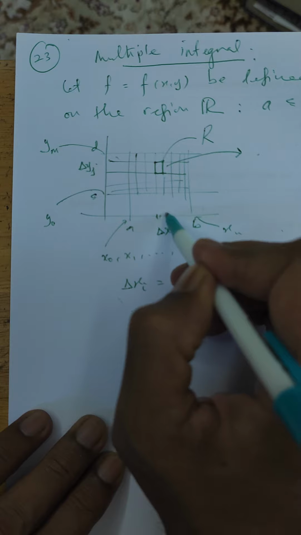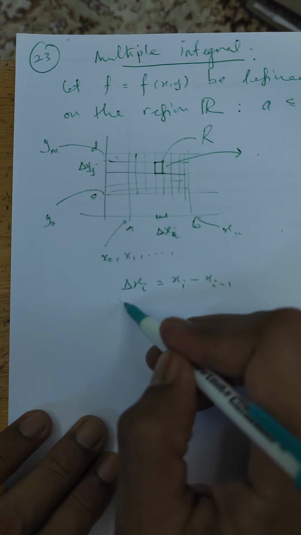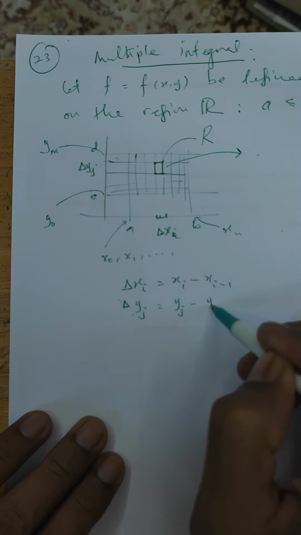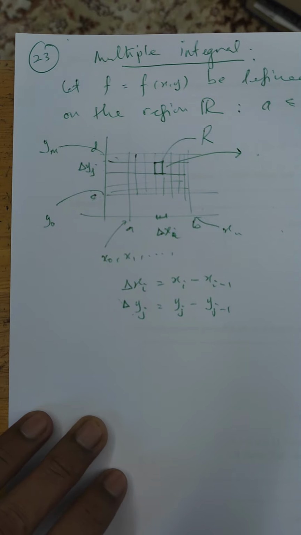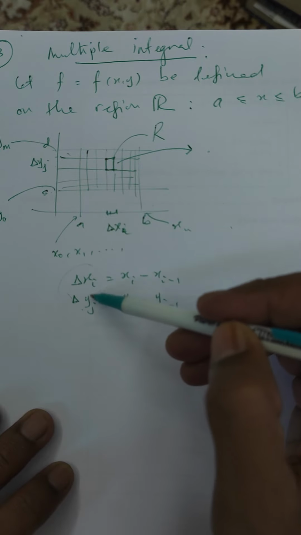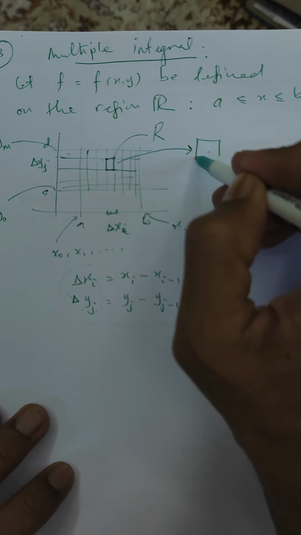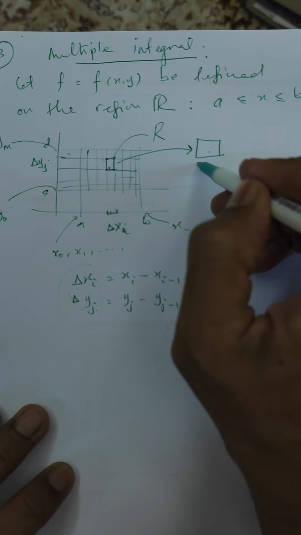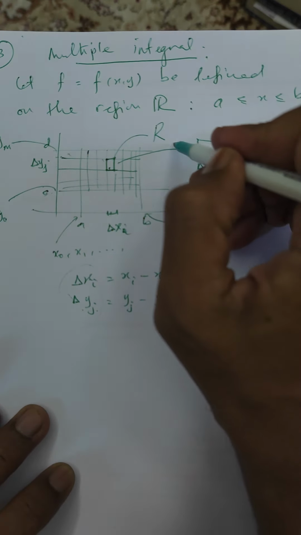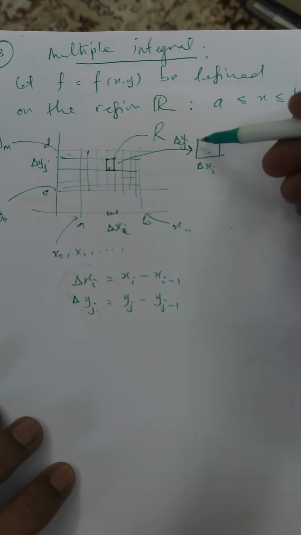The same thing with delta yj, which is yj minus y(j-1). If you multiply delta x and delta y, we take out one box.